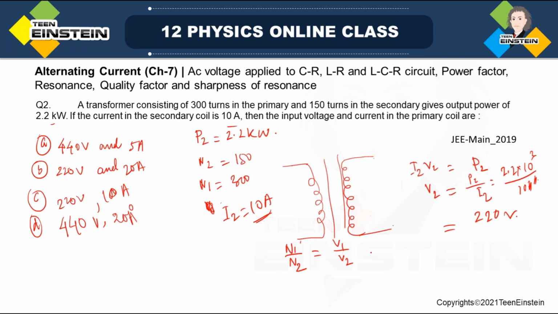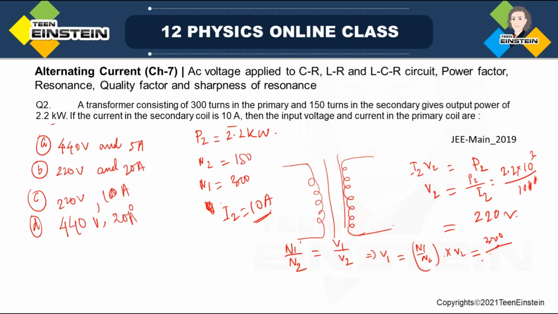Can you find out V1, because V2 is already found.